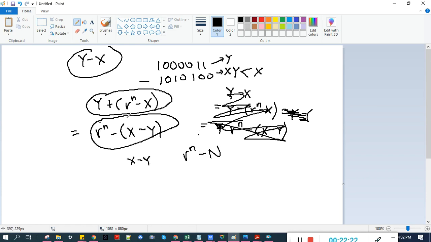And the result that we obtained in adding y with the 2's complement of x is the 2's complement of x minus y. So we add a negative sign.